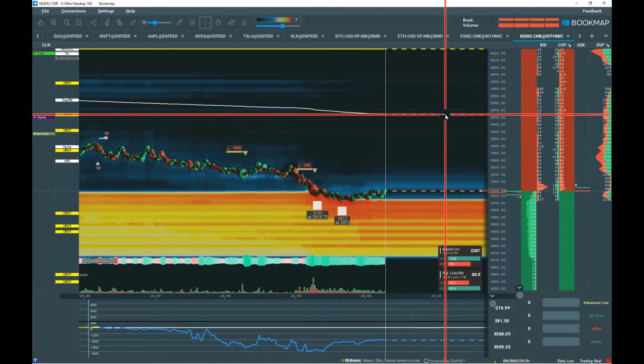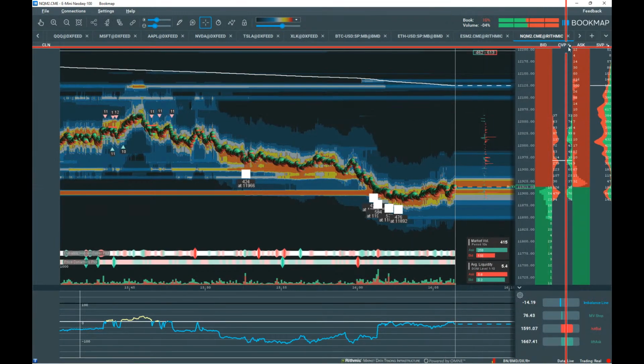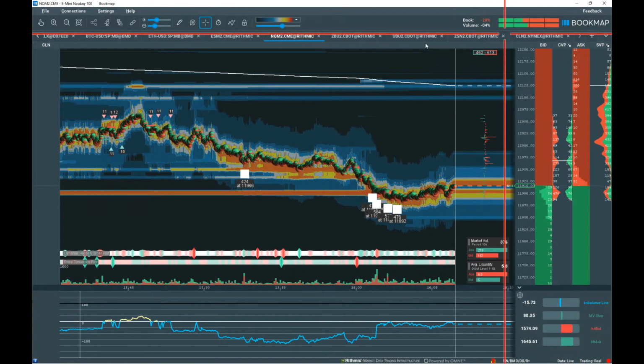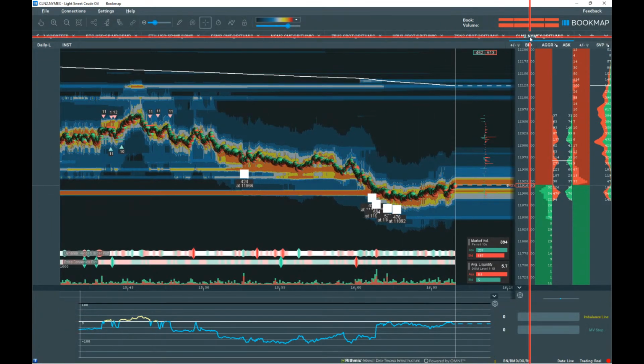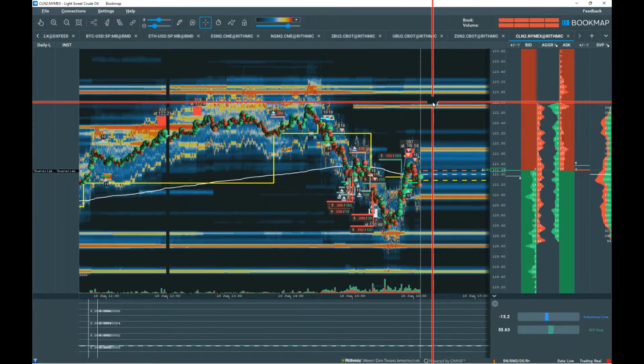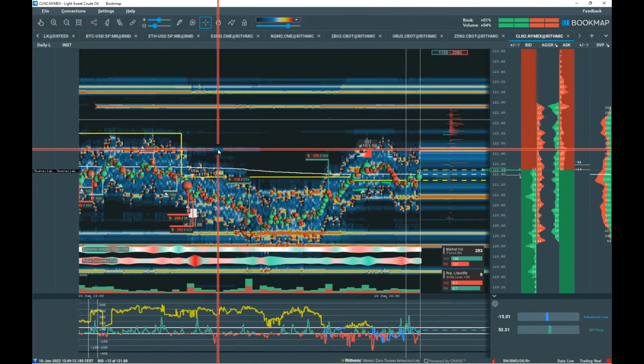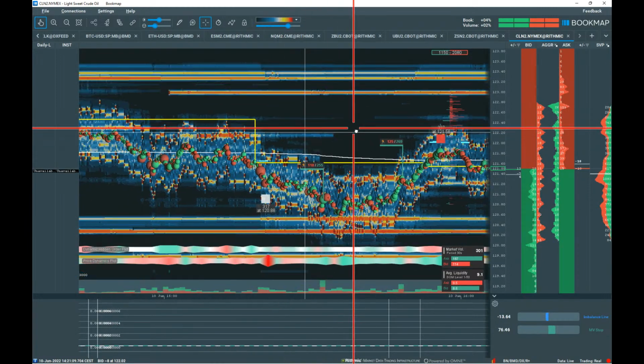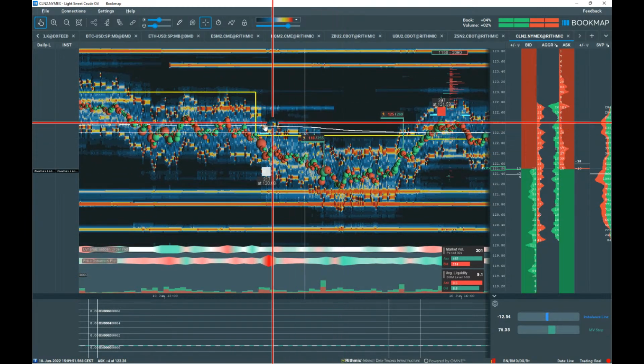Let me have a look at the NQ. Or maybe I should have a look at CL, this oil. That might be a little bit better to demonstrate the absolute and relative changes in oil. Not sure if that happens, but if that helps.